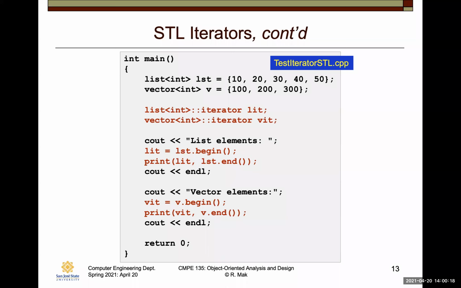But when you're designing your code, you have to decide whether you want to implement the iterator from the design pattern, or if you just want to use the iterator that the standard template library provides. That's a design decision that you make depending on your application.